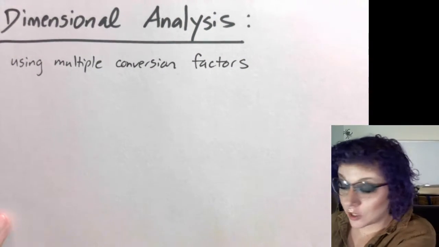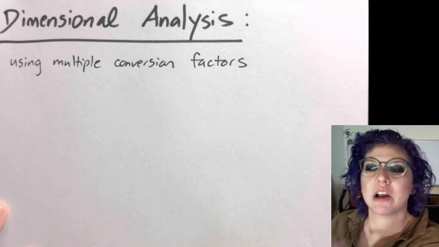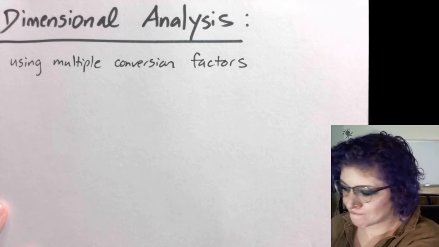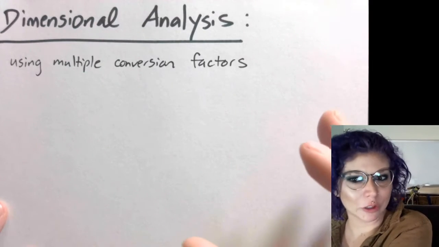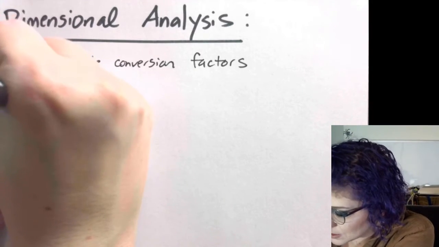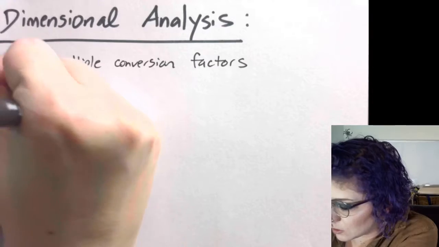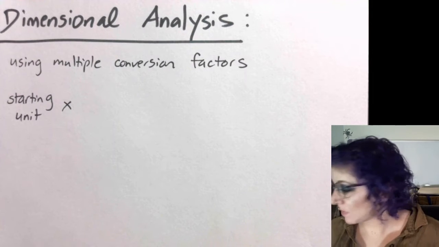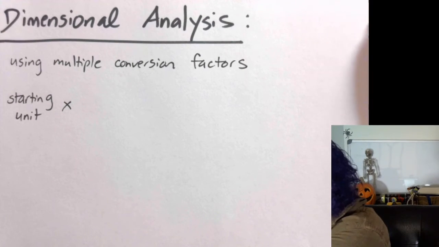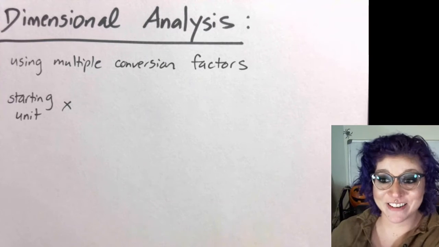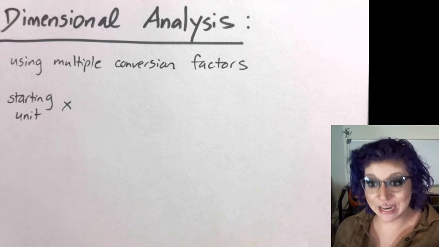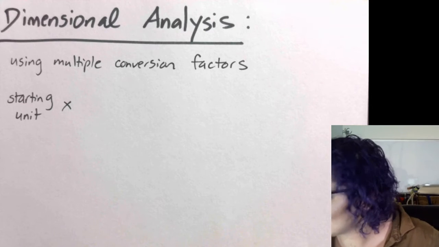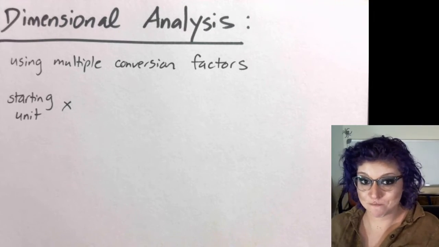In the lesson on conversion factors, we looked at that generic formula of how to think about jumping from unit to unit. So I'm going to expand that out a little bit. We start with a starting unit, and we're going to multiply it by a chain of other conversion factors, and along the way we're going to cancel out the units we don't want until we finally end up at the unit that we do want.